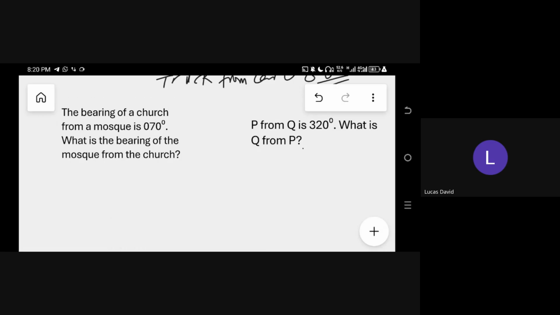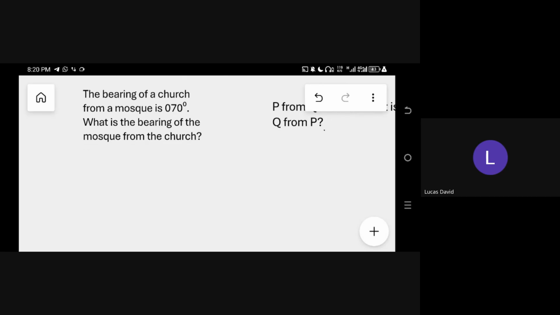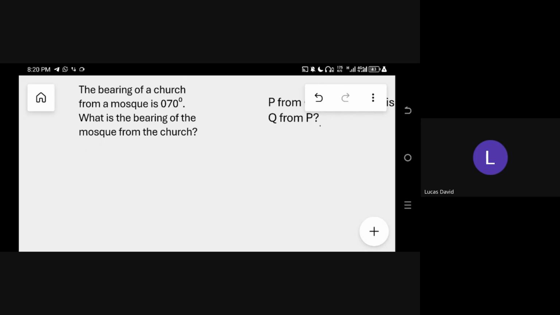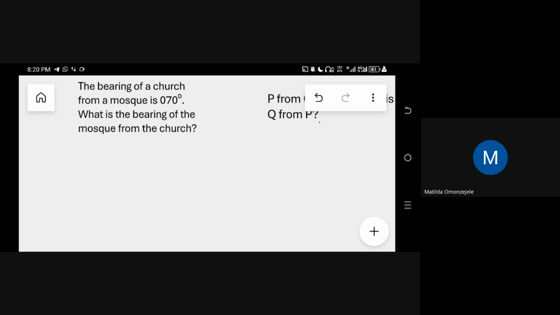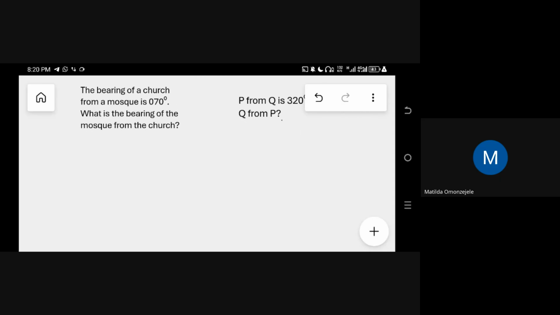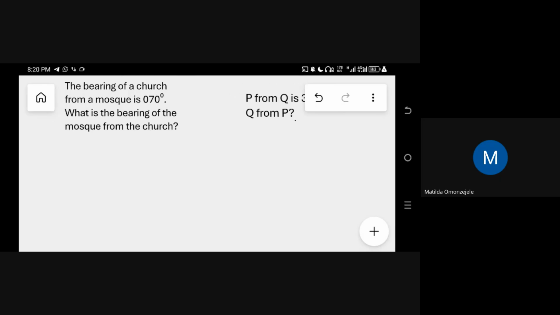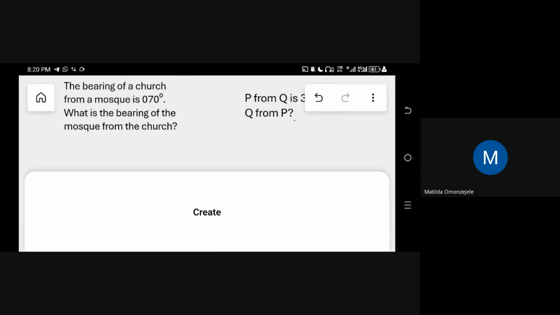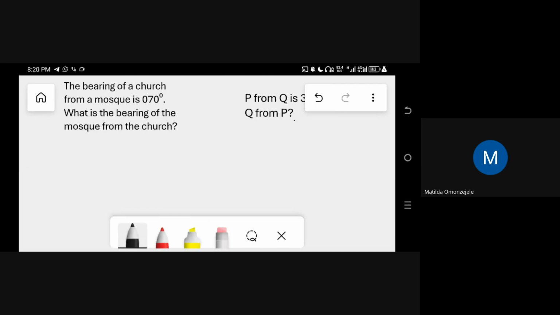Okay, so Matilda, what was the result you got? I got 250. 250. Alright, so let's test your answer. While Lucas is already solving on his own, let's test the answer before Lucas finishes his.